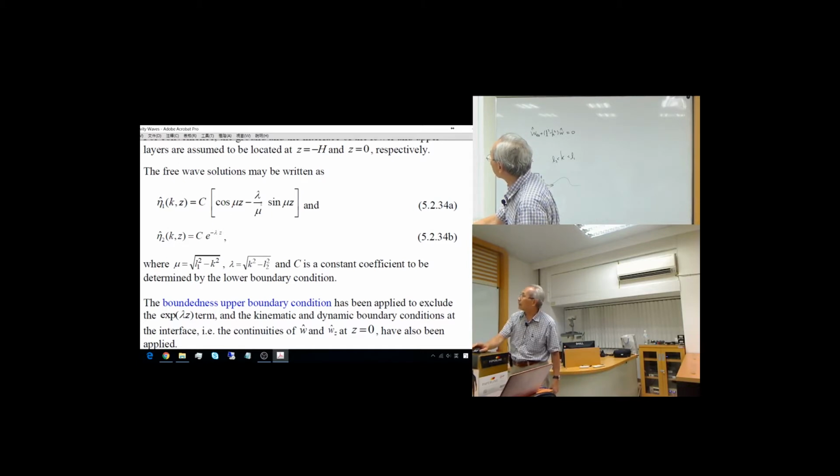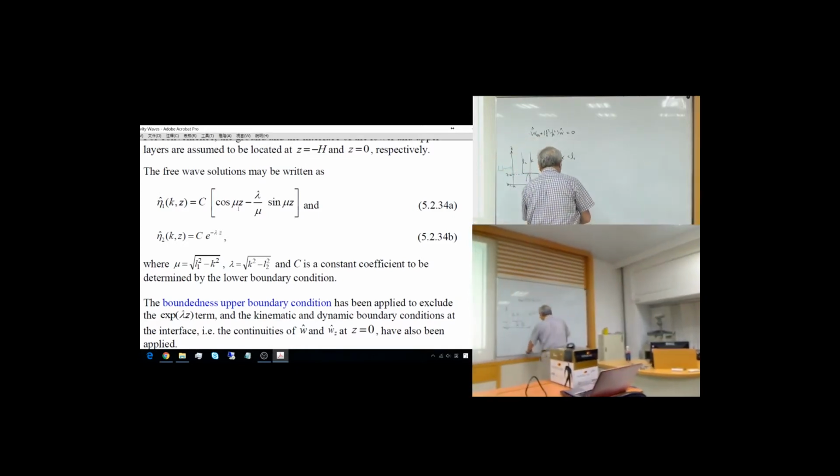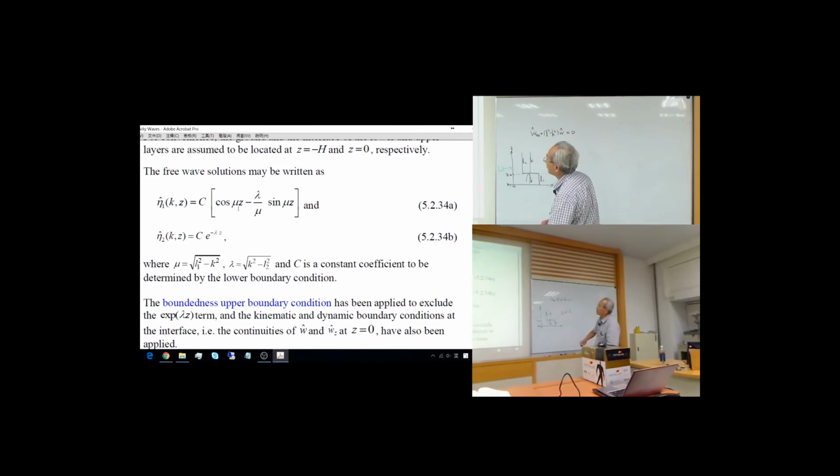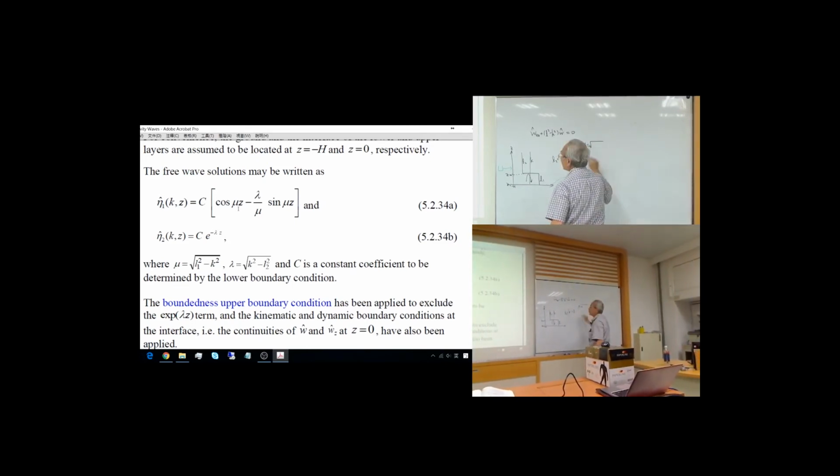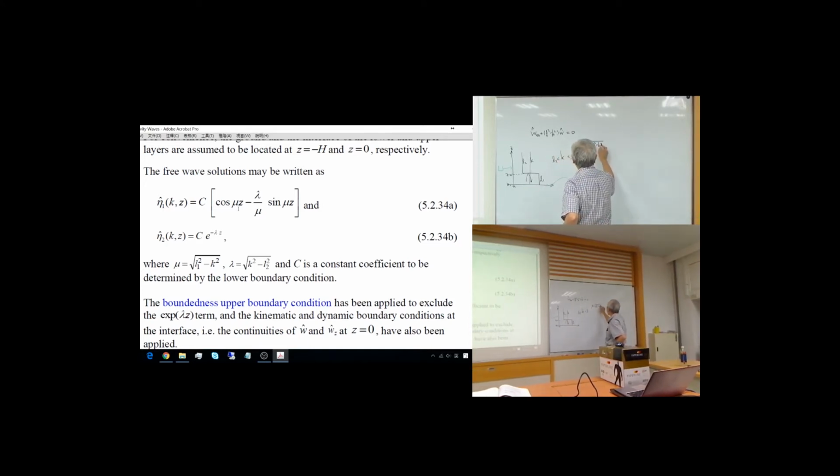We define mu as the square root of L1 square minus K square, and lambda as the square root of K square minus L2 square.